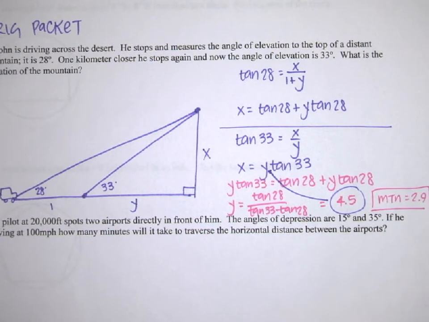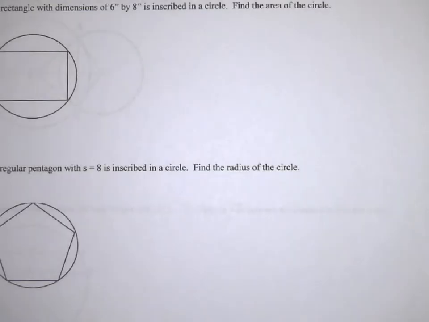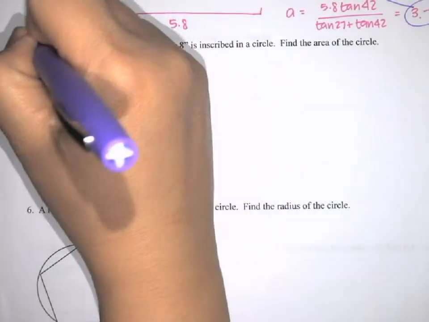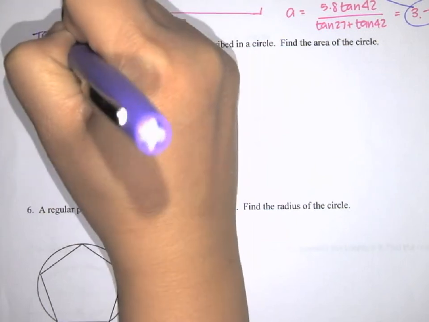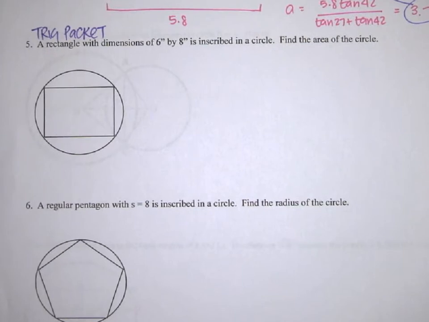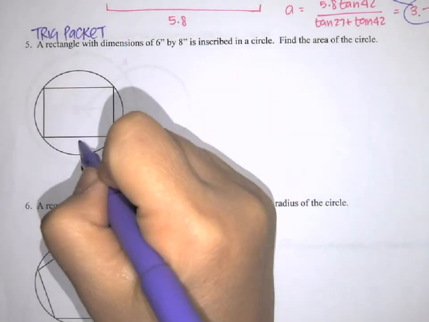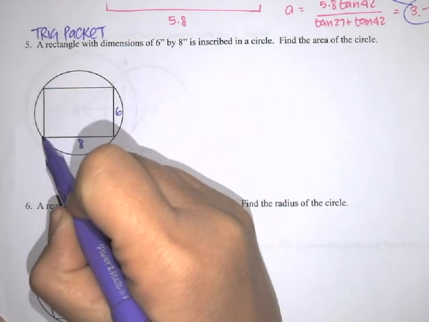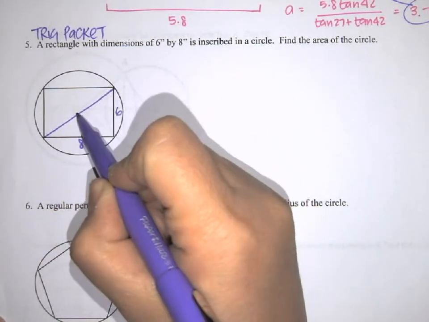The next question is from trig packet number 5. So the rectangle has dimensions 6 and 8. It's inscribed in a circle. In order for a rectangle to be inscribed in a circle, it does have to be centered. So this diagonal is the diameter.